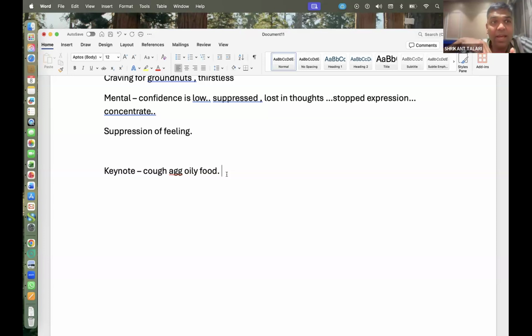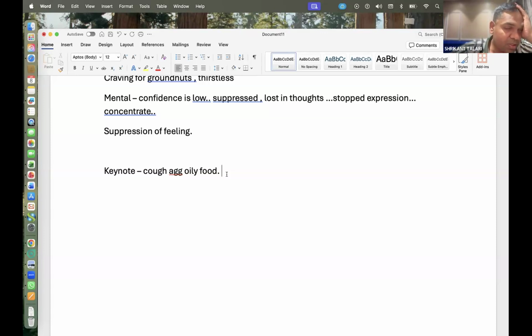It seems because of digestive complaints he is developing cough, because it all started after the jaundice that he had 2 3 years back. That is why there is aggravation from oily food. So oily food is generalizing itself. It is there with the present respiratory complaint and also with the digestive complaint.